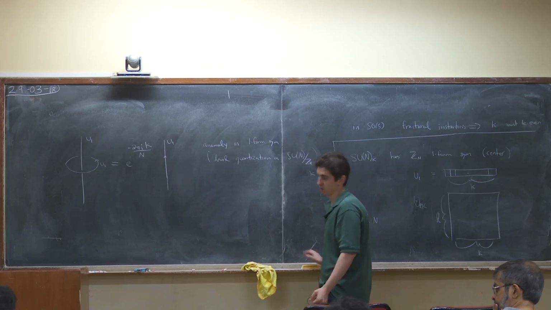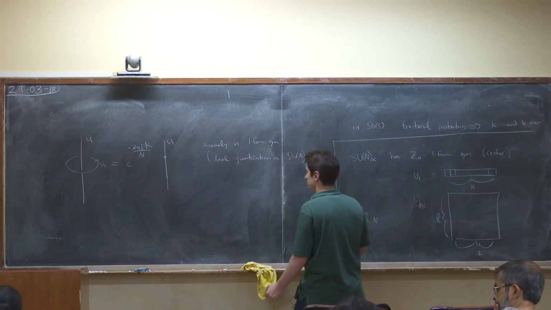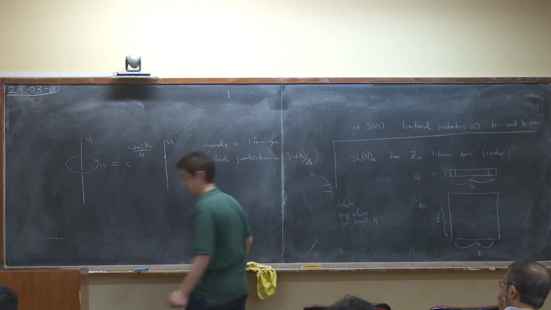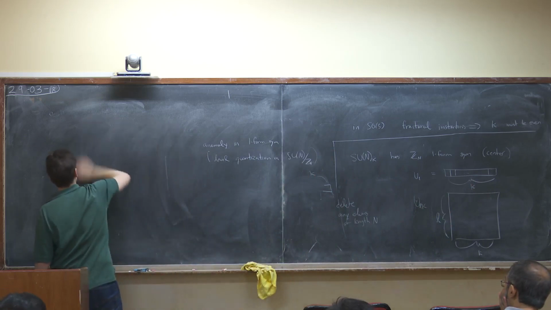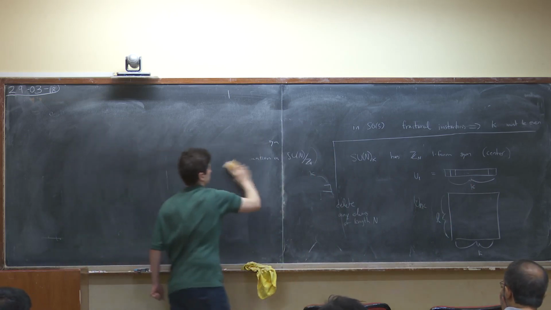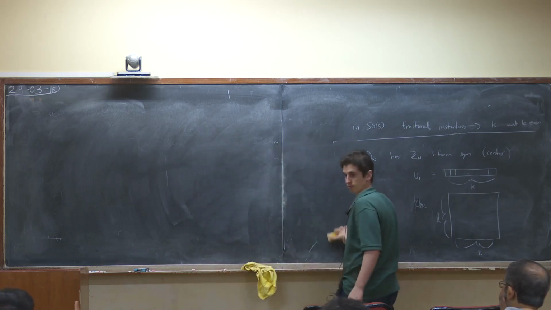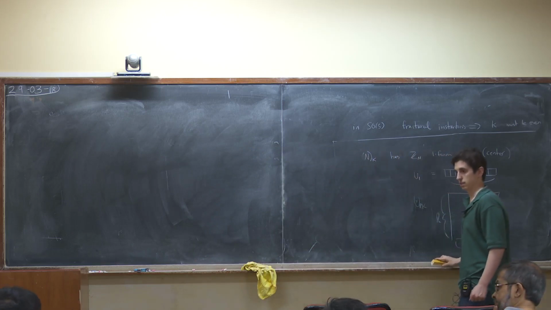The n-ality measures the center. That's why this was k over n, because this is k boxes here. So it behaves exactly the same way with Wilson lines, but in the four-dimensional Z_n. Yes.